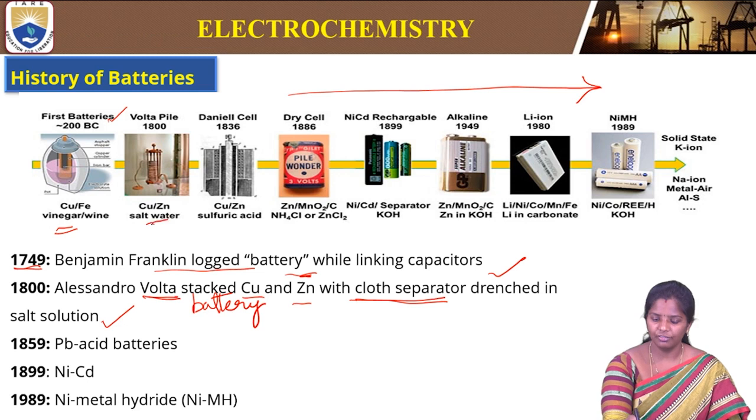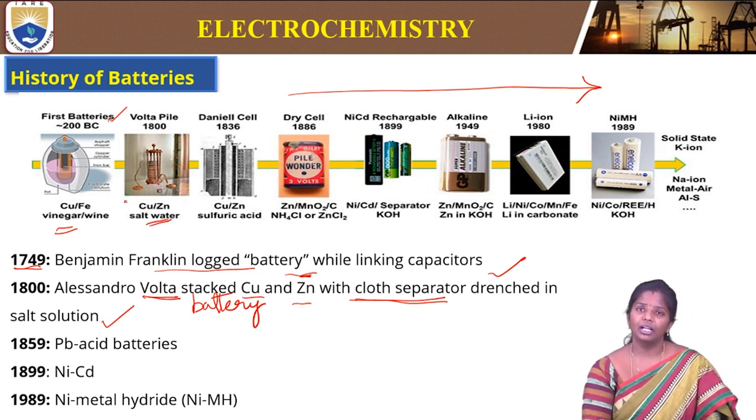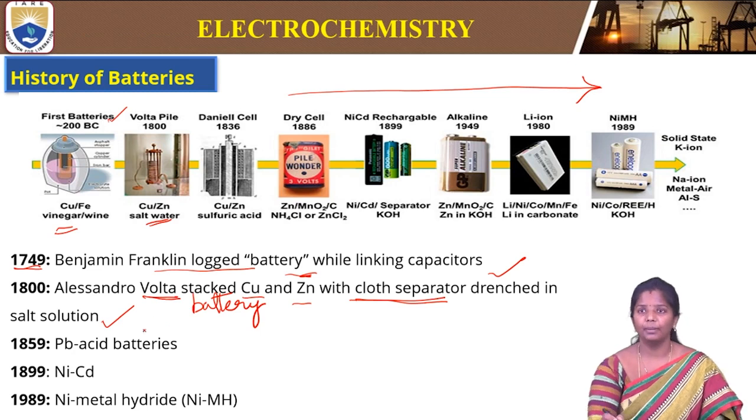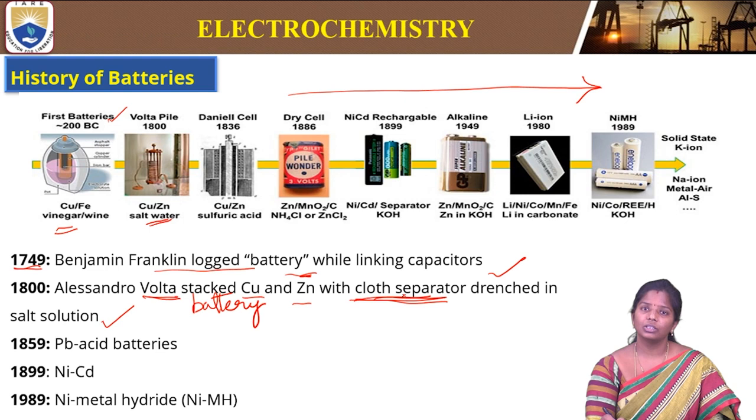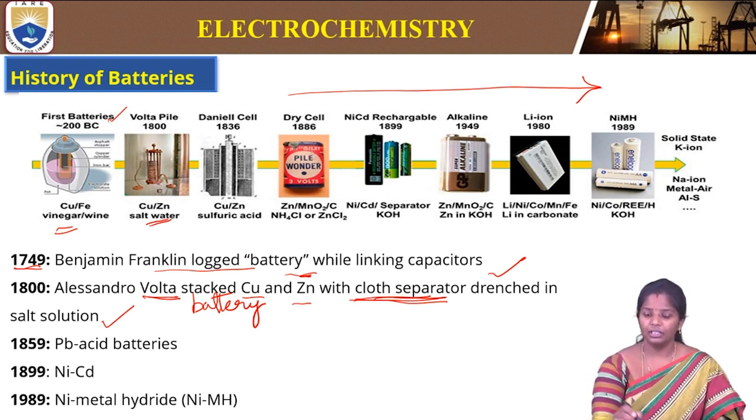As we can see in figure 2, this shows the Volta pile, wherein the scientist has piled up copper and zinc with a cloth separator in the salt solution, forming a battery. So we will see the next developments.